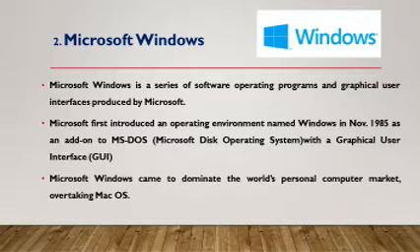Regarding Microsoft Windows, MS-DOS is the earliest form of this operating system, in which Microsoft first introduced an operating environment named Windows in November 1985 as an add-on to MS-DOS.